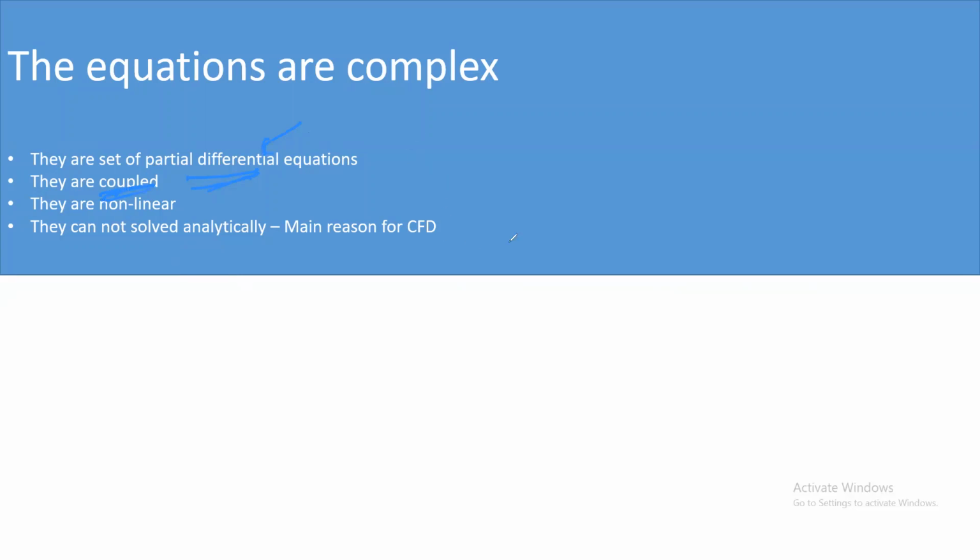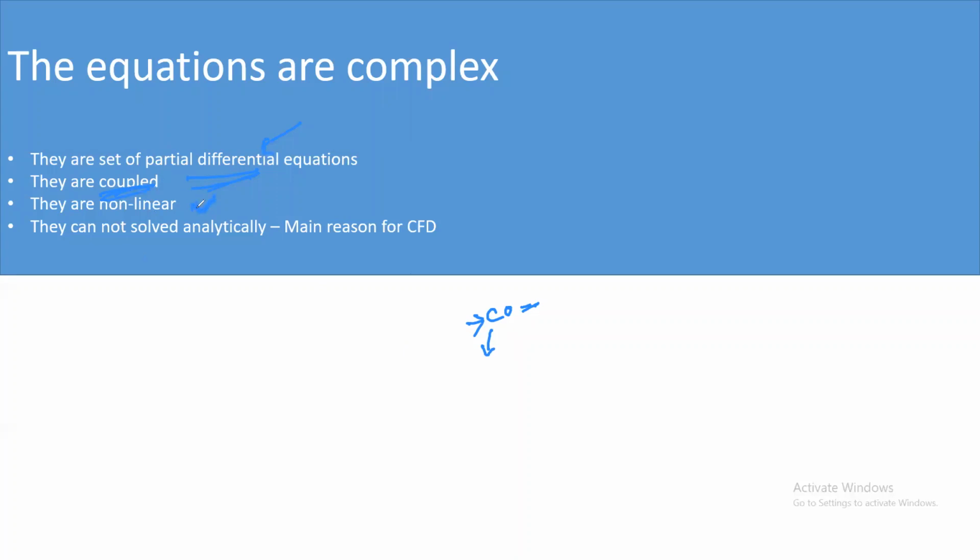Coupled means you cannot solve the continuity equation alone. You need the help of the momentum equation to solve the continuity equation. That is why it is called a coupled equation. Both equations have to be solved simultaneously, and only then can you get the parameters, the properties.